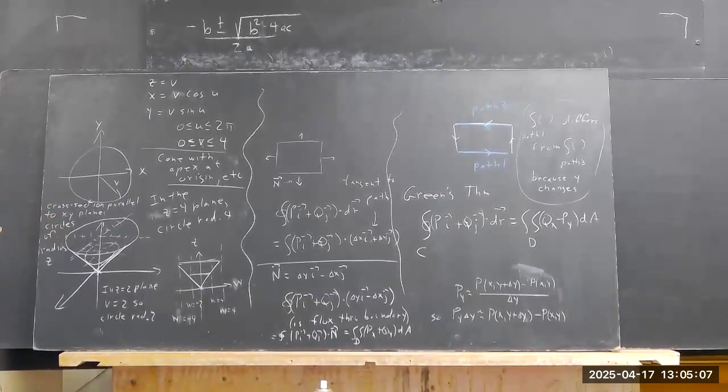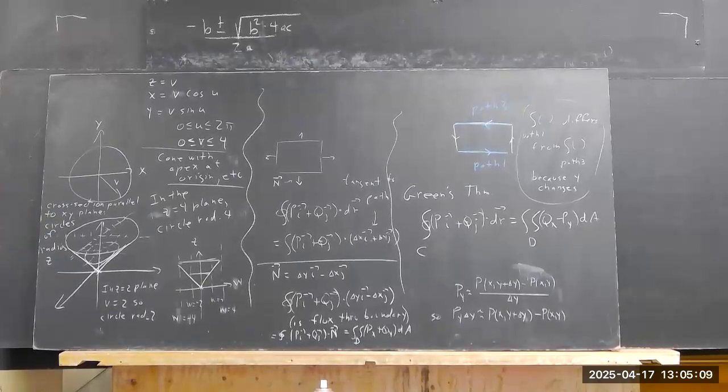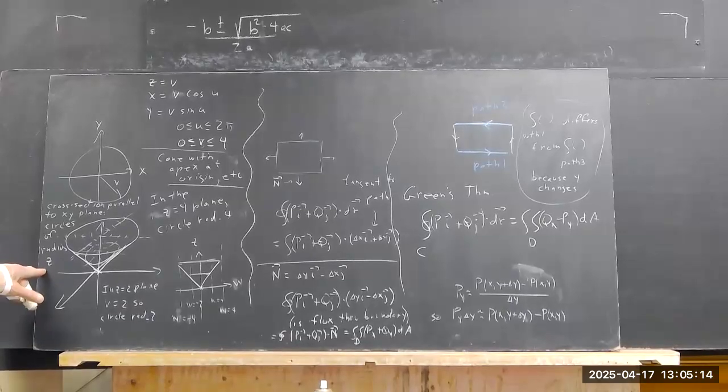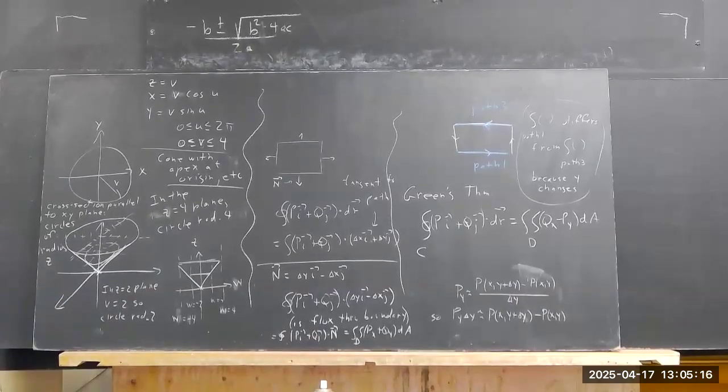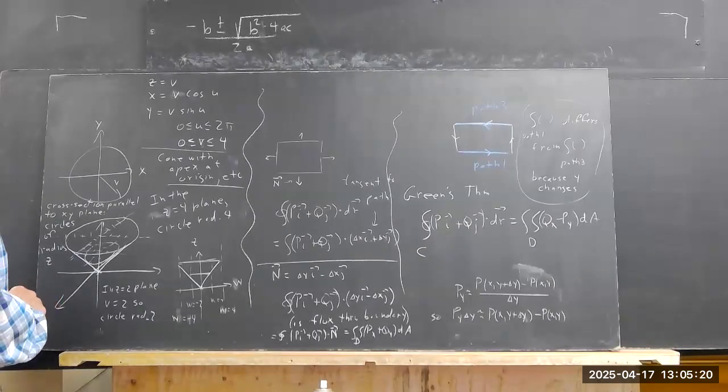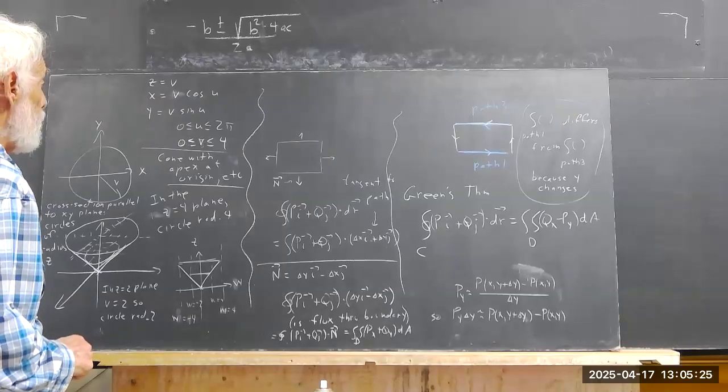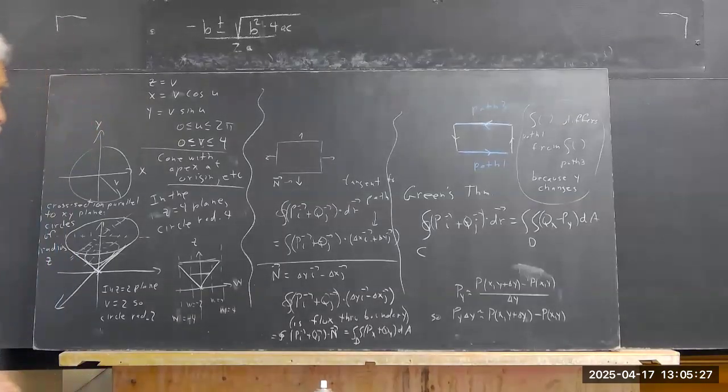For a cross section, a plane parallel to the XY plane is a plane where z is constant, right? Okay, I could write the words a little better, but that's the idea.